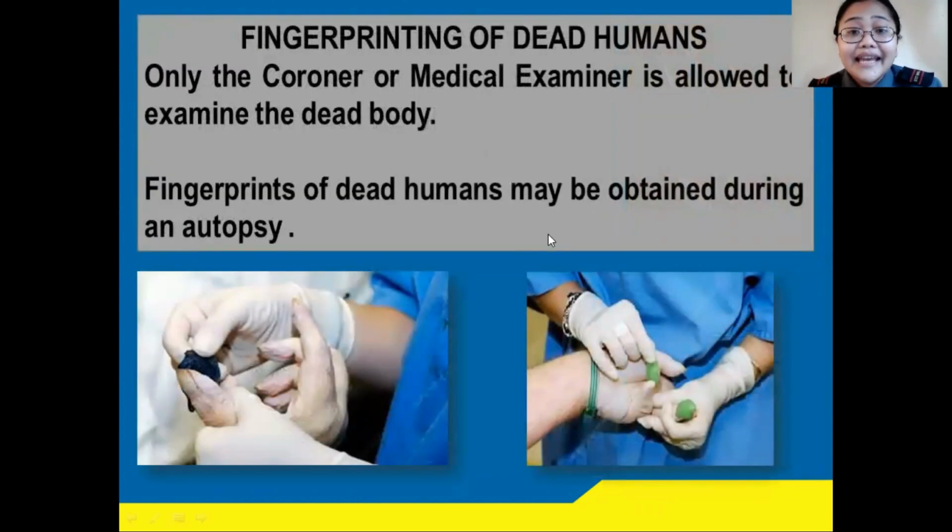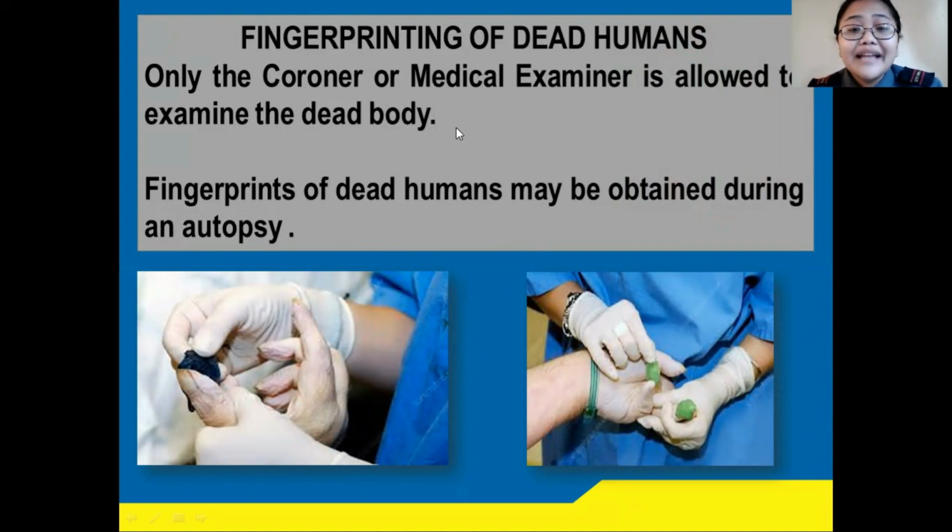Next, fingerprinting of dead humans. Only the coroner or medical examiner is allowed to examine the dead body and also to take their fingerprints. Even though you are a fingerprint examiner, only the medical examiner is allowed to get the fingerprints of the dead human.